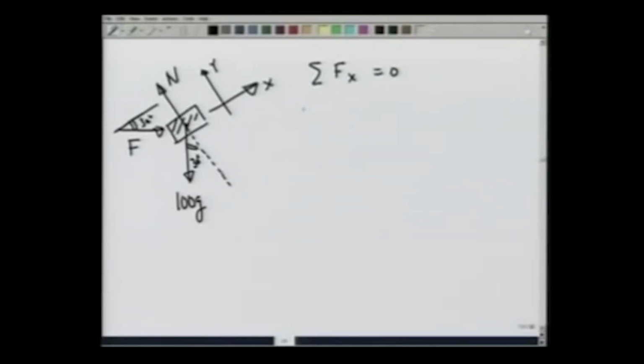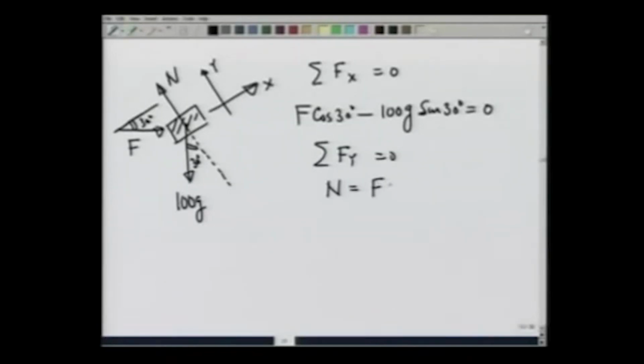Summation Fx is equal to 0 gives me F cosine of 30 degrees minus 100 g sine of 30 degrees is equal to 0. The balance in y direction gives me N is equal to F sine of 30 degrees plus 100 g cosine of 30 degrees.